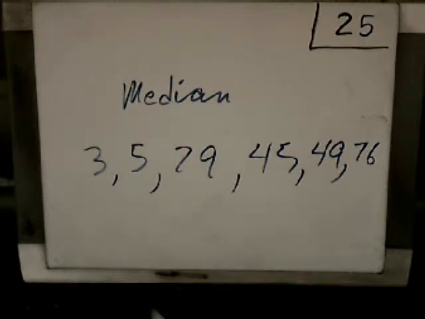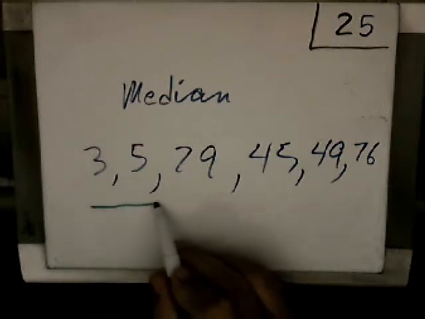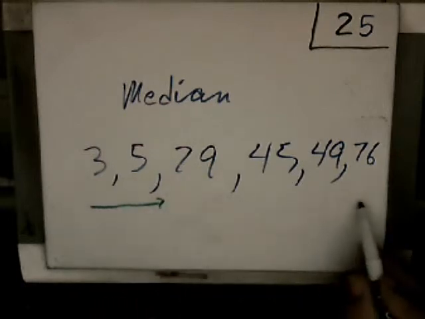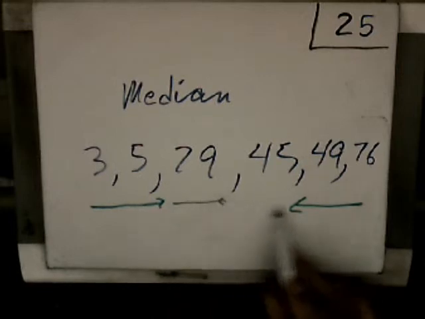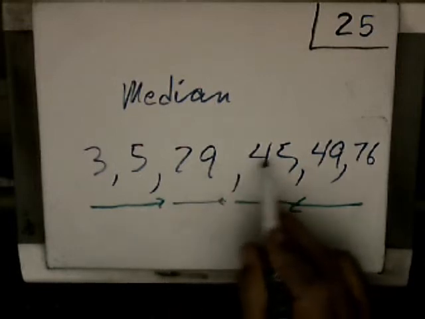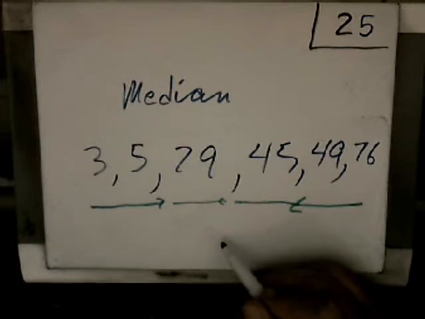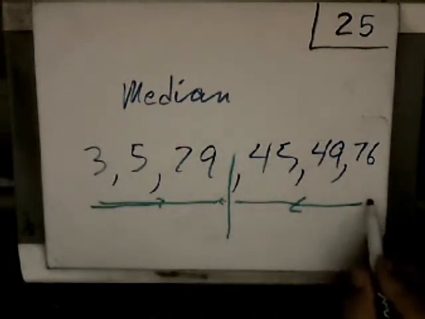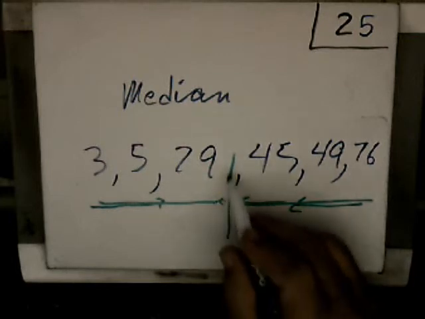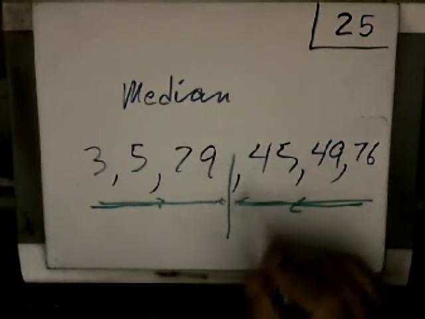So if I count down 1, 2, and I count down this way, 1, 2. Well, if I go to 3, I'm in between those 2 numbers, and that's exactly where my median lies. I have 3 on this side and 3 on this side, so the median is in between these 2 numbers.